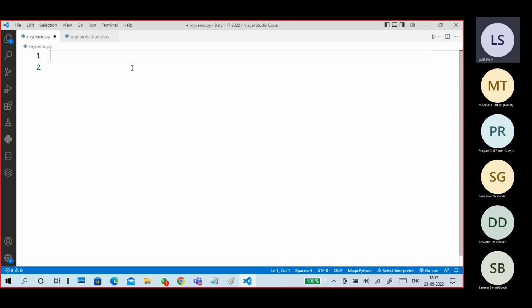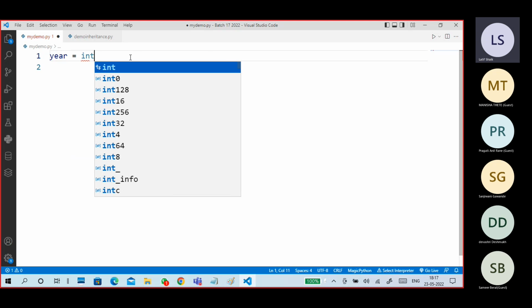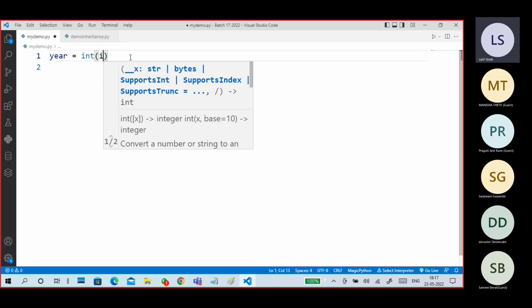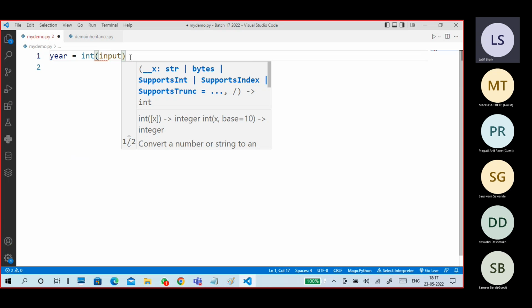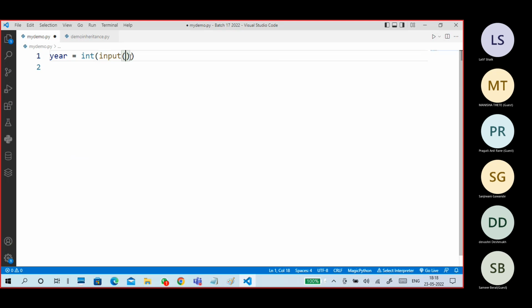So we'll try to implement the logic. Now you know the logic, so you don't require any program also. I'm taking year as an input as an integer, enter year.